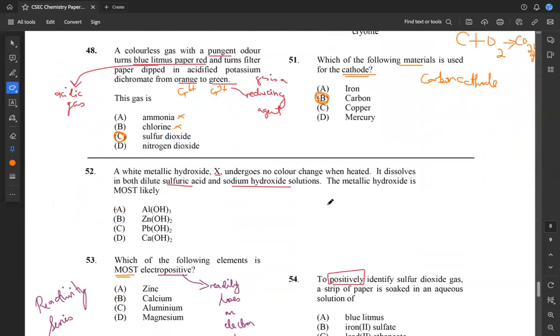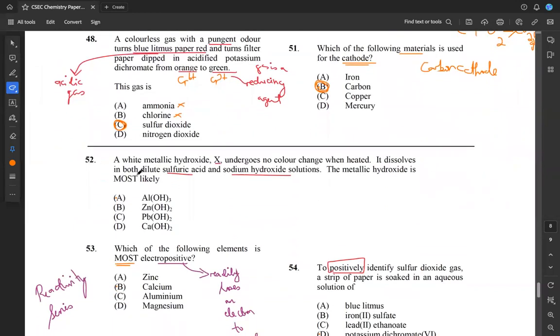Moving down to 52 now. 52 says that a white metallic hydroxide, X, undergoes no color change when heated, so it's a stable metallic hydroxide. However, it dissolves in both dilute sulfuric acid and sodium hydroxide solution. So what is this metallic hydroxide? Since it dissolves in both sulfuric acid and sodium hydroxide, it's an amphoteric hydroxide.